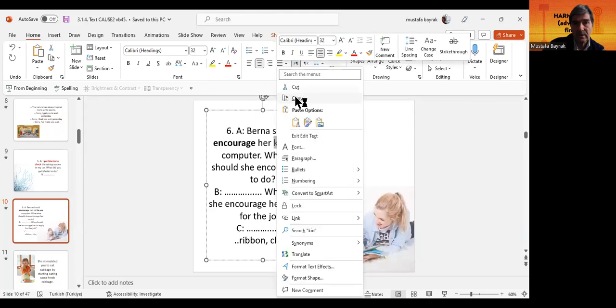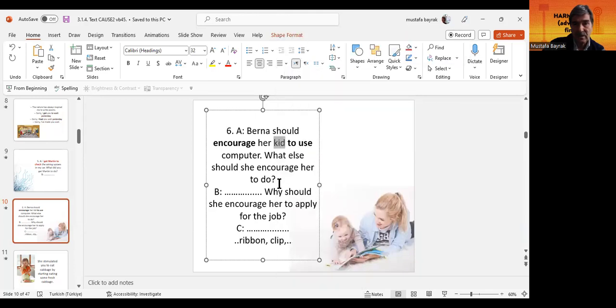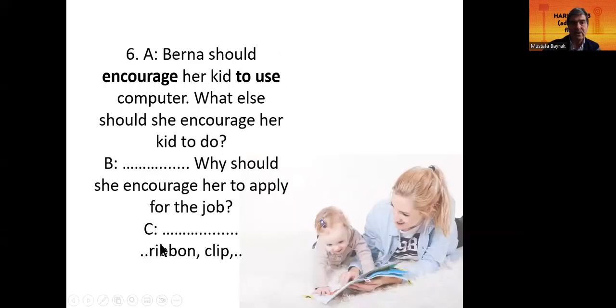We copy it and paste it here. What else should she encourage her kid? So she should also encourage her kid to learn English.